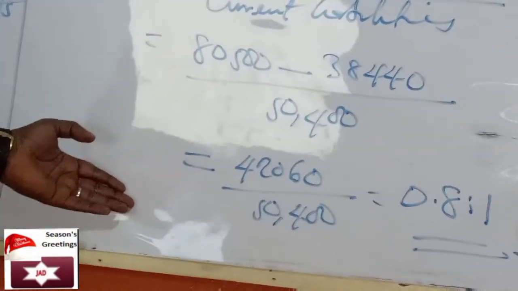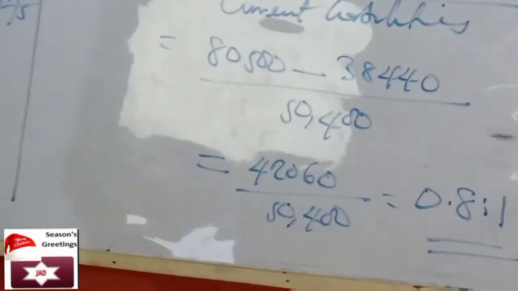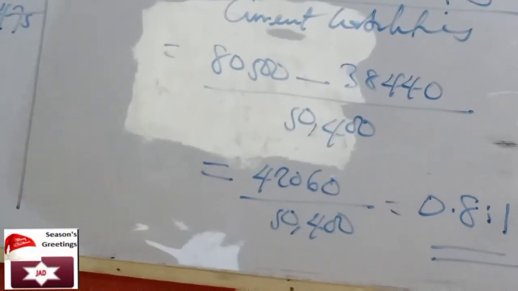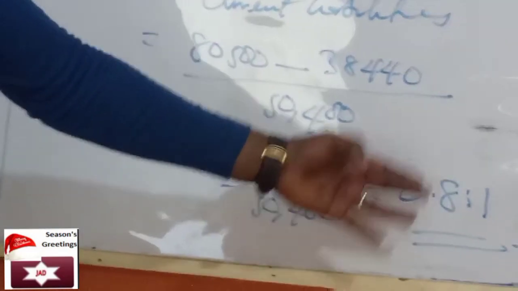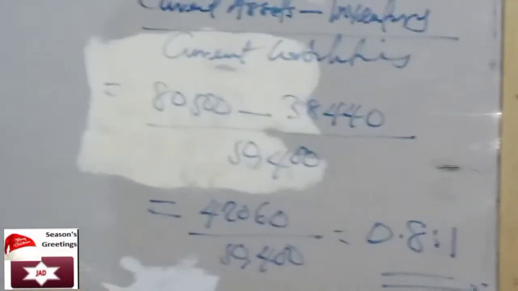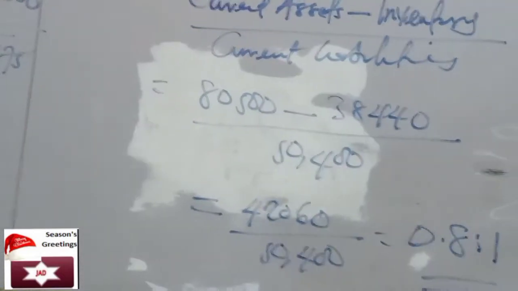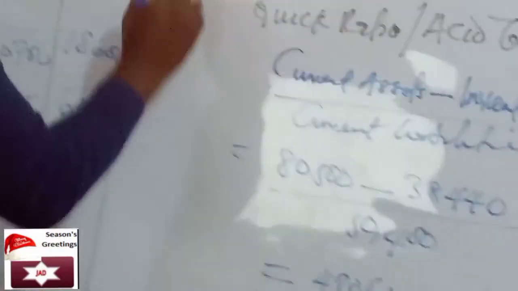Theoretically, quick ratio should be 1:1, but here we have 0.8 to 1 instead of 1 to 1, about 20% less. So that is it for that requirement. So this is C, C is current ratio, D is quick ratio or acid test ratio.